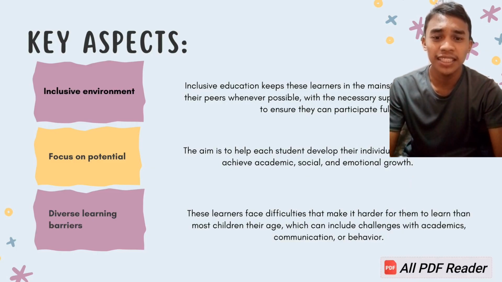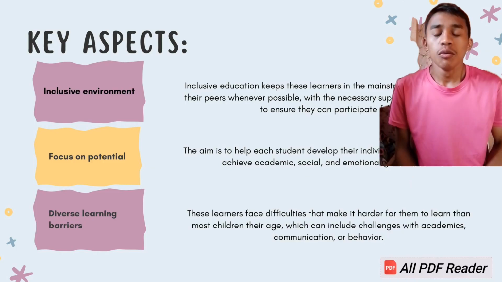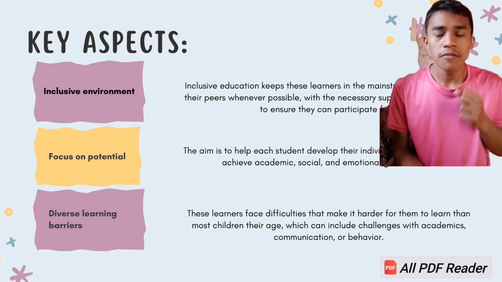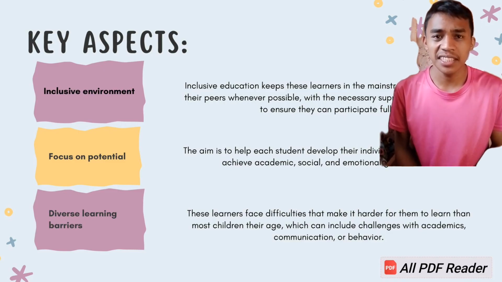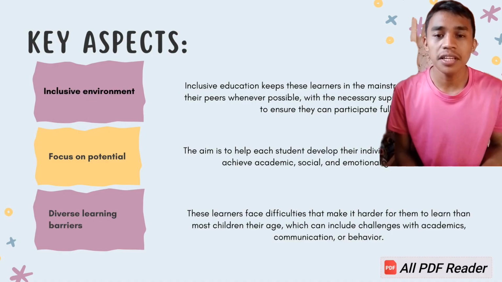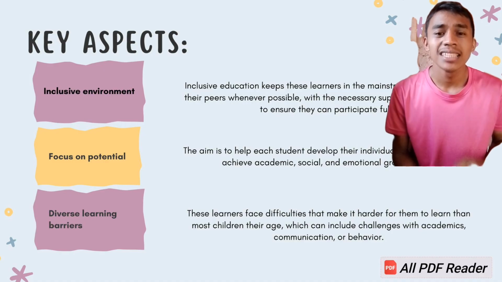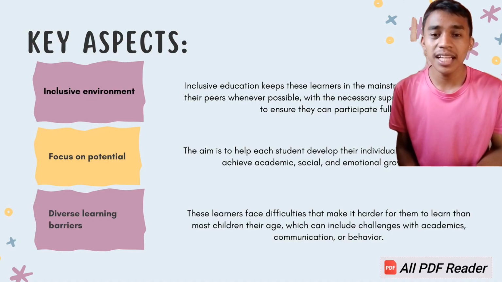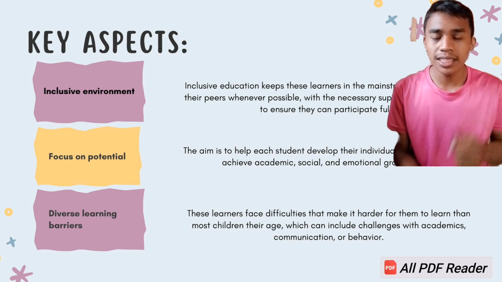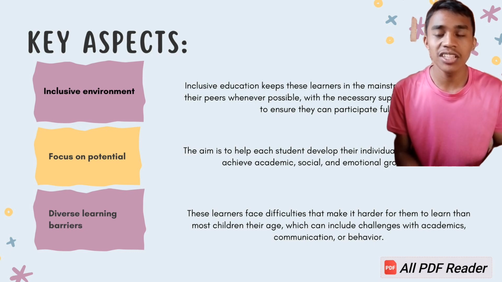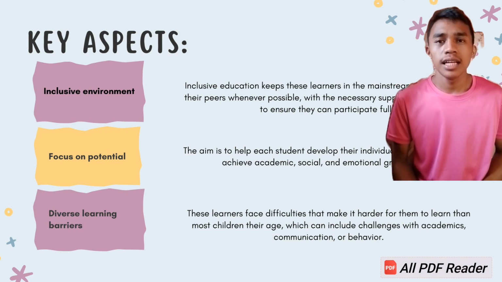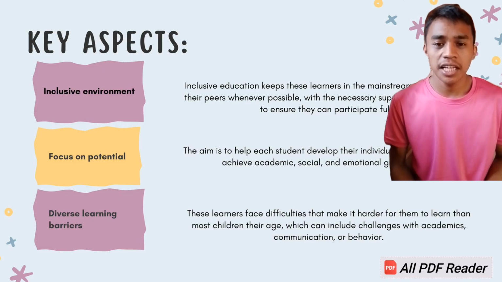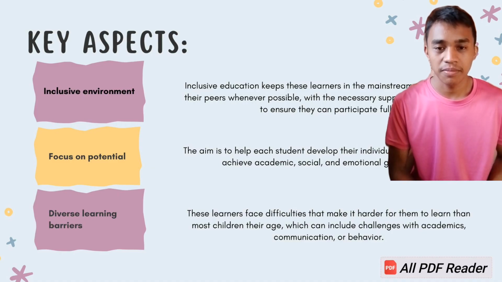Finally, diverse learning barriers. When we say a learner faces diverse learning barriers, it means they encounter specific challenges that make the process of learning significantly harder for them than for most children their age. In diverse learning barriers, we have academic challenges, meaning problems directly related to schoolwork and curriculum.